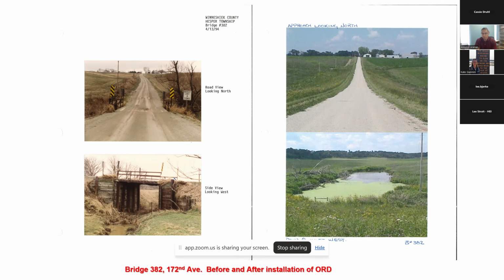You can see there's a little wiggle in the road there. Every time you have a wiggle in the road, that's one more opportunity for a car to leave the roadway, which is the number one crash on our rural roads: single vehicles just leaving the roadway. So putting these structures in, I'm fixing all of these problems. I'm not even beginning to get into the conservation part of it where all those benefits come into play.